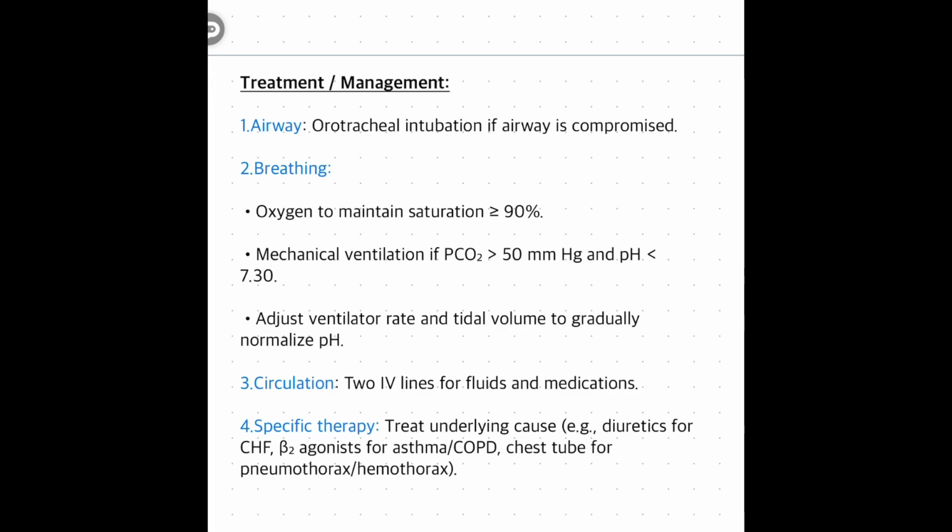Specific therapy is directed at the underlying cause, such as diuretics for congestive heart failure, beta-2 agonists for asthma and COPD, and chest tube for pneumothorax and hemothorax. So treatment is a very important step in acute respiratory failure.